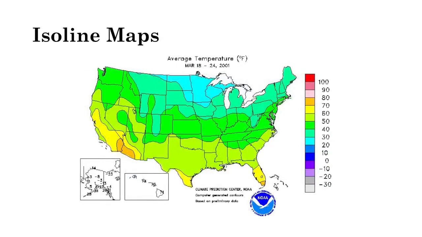Now let's look at isoline maps. If you have trouble remembering this, just remember isoline has lines, and you're going to see lines that are not boundaries on these types of maps. So a lot of times these deal with climate and weather, like rainfall, or elevation's a big one, or sometimes temperature or heat. So we can see here that it's kind of like a chloropleth map.